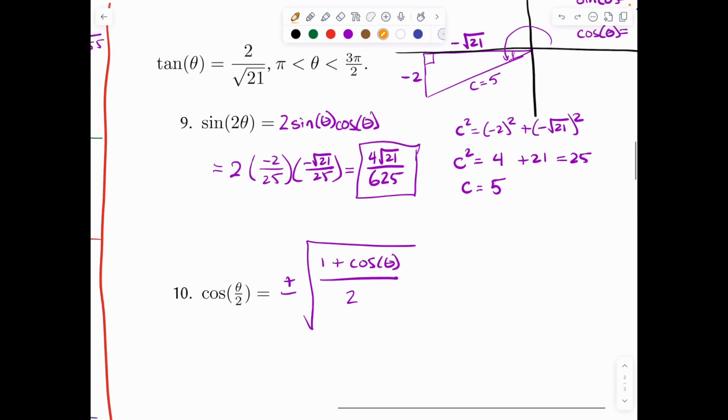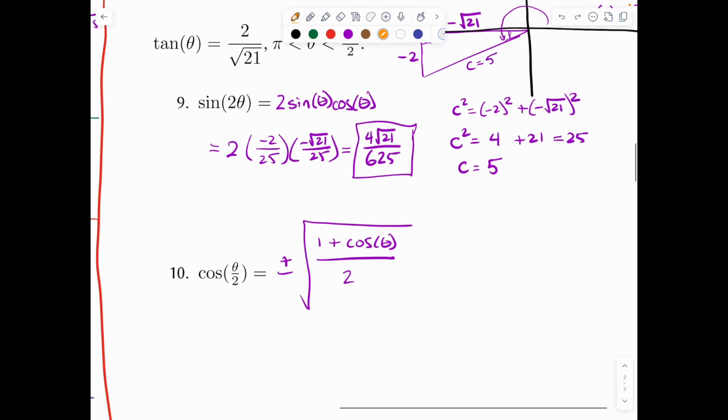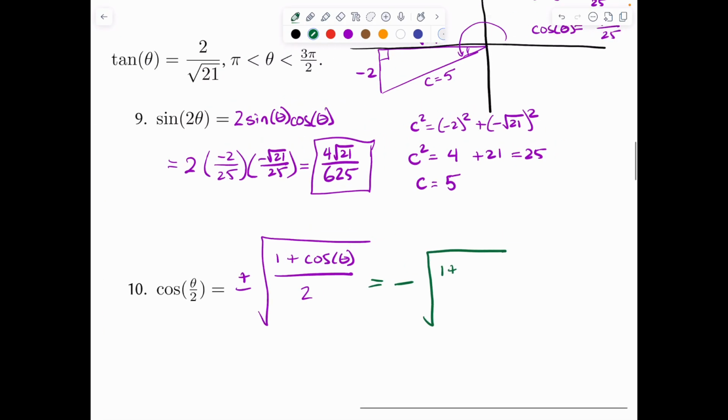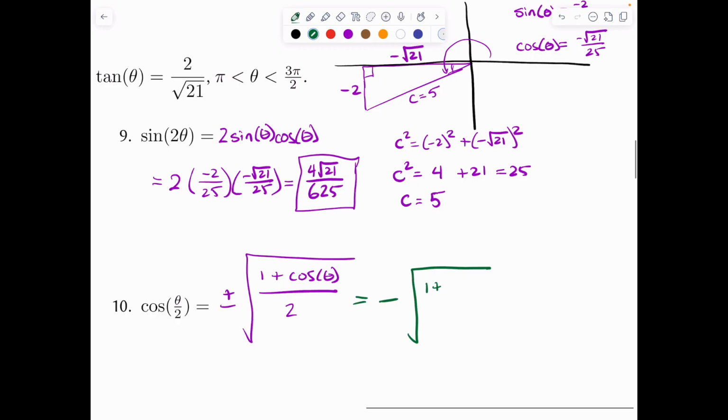So in the second quadrant, the cosine will be negative, and so that will dictate this bit here. So negative, and then we have 1 plus the cosine, which was negative radical 21 over 25.